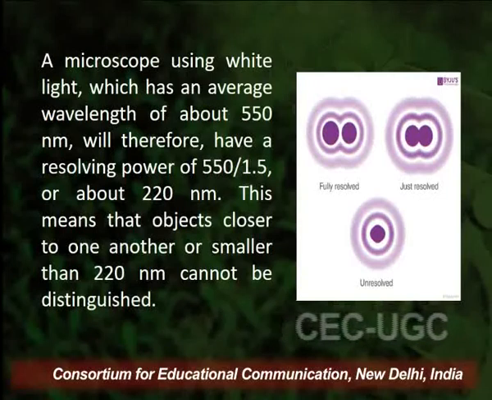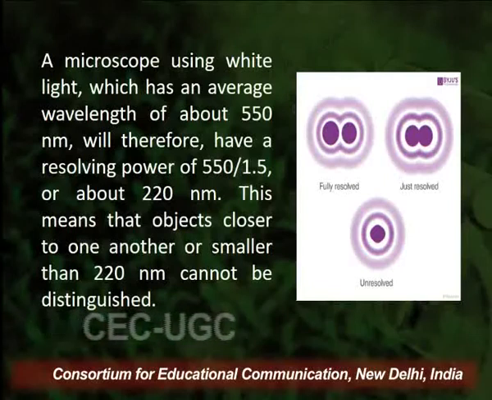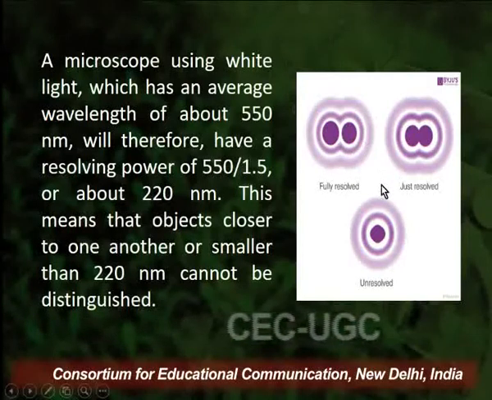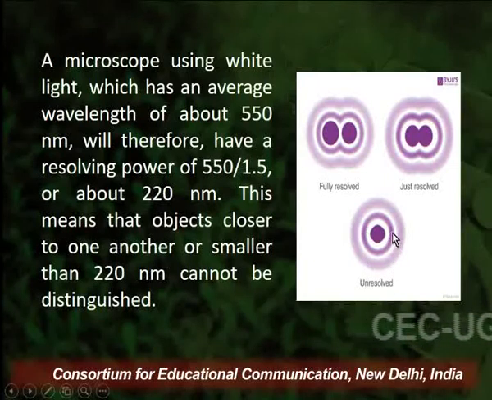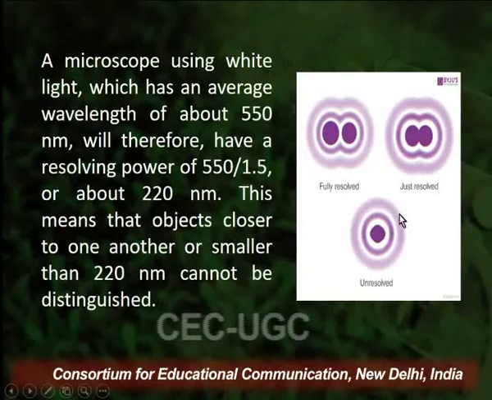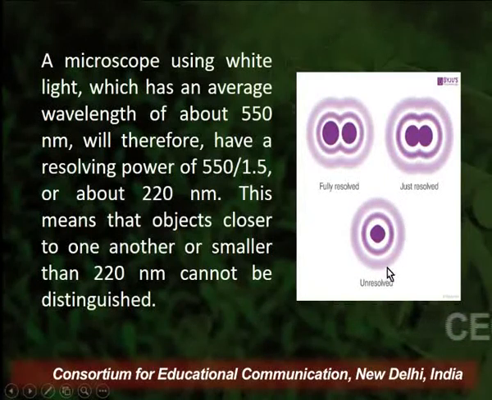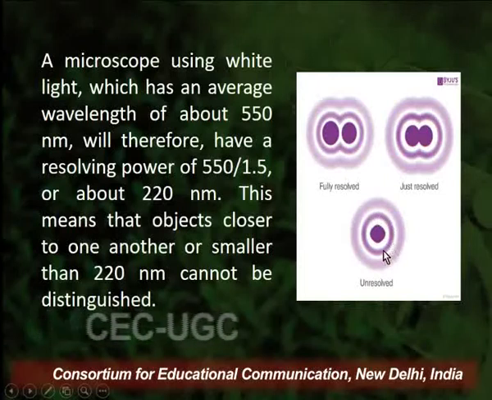Now this particular concept of resolution can be understood with the help of this diagram, which says that when we are unable to distinguish between two separate objects or smaller objects into two separate points, these are unresolved images.